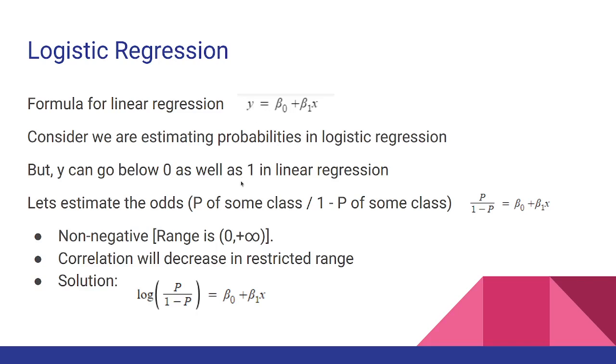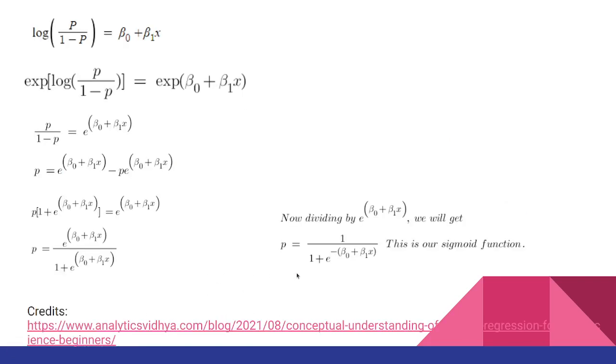In logistic regression we try to predict the value of this with the parameters, and then find the value of p from this. This is the basic function for logistic regression, and then if we take exponential from both sides, exponential of this and exponential of this.